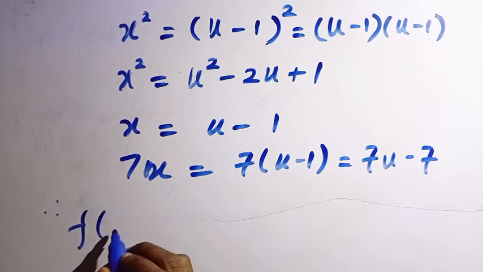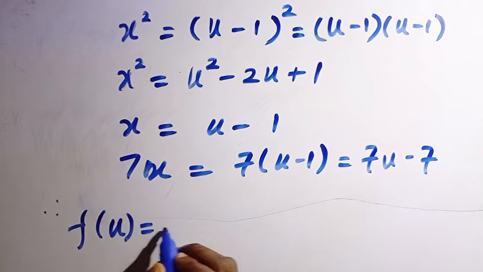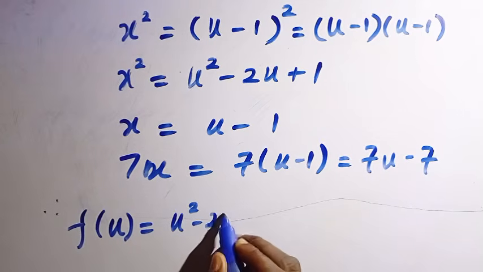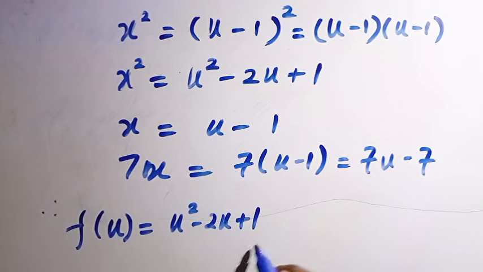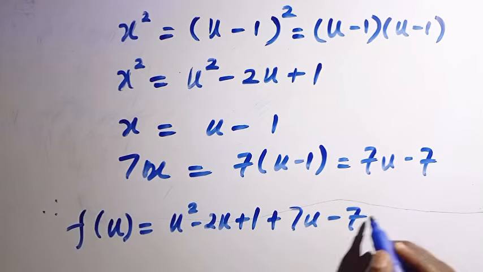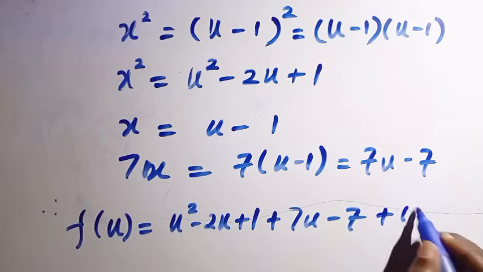Hence we have f of u equals, for x squared we have u squared minus 2u plus 1, and for 7x we have 7u minus 7, then plus 15.